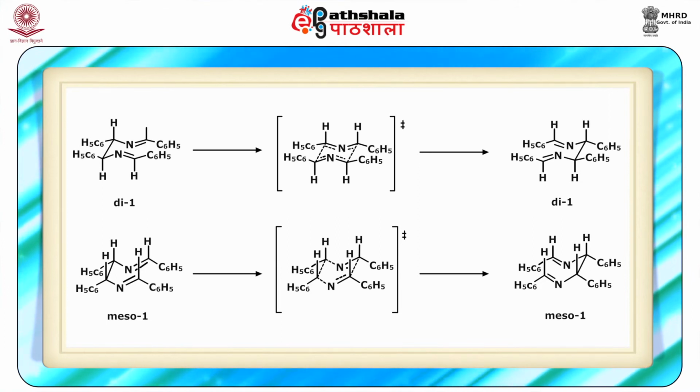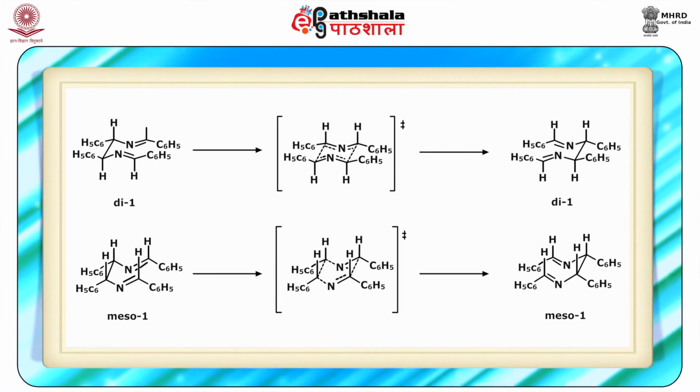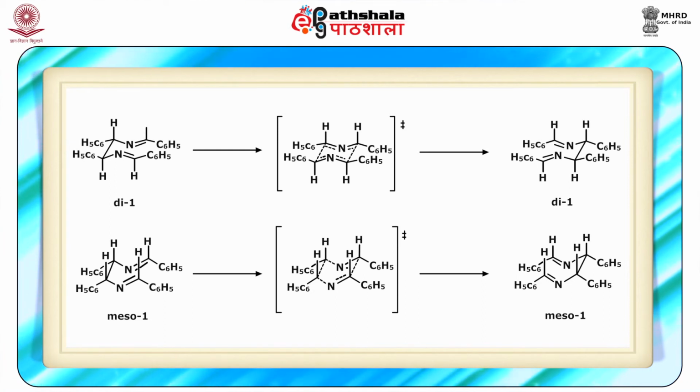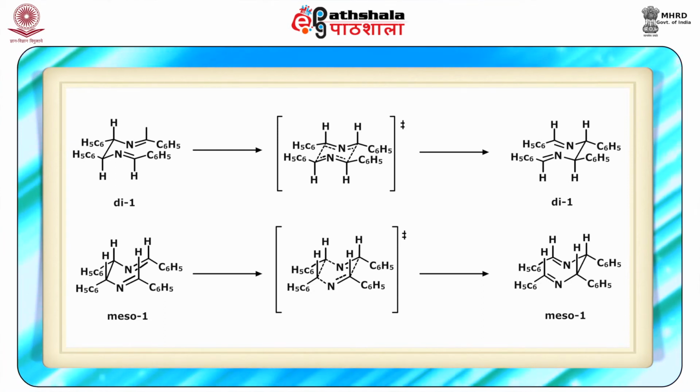Heating at 120 degrees Celsius in dimethyl sulfoxide gives a 1:1 mixture of DL and the meso forms.